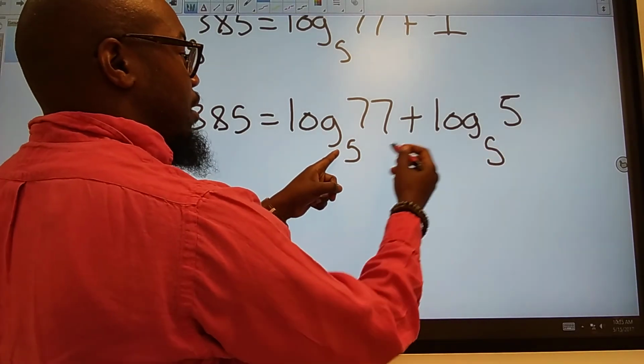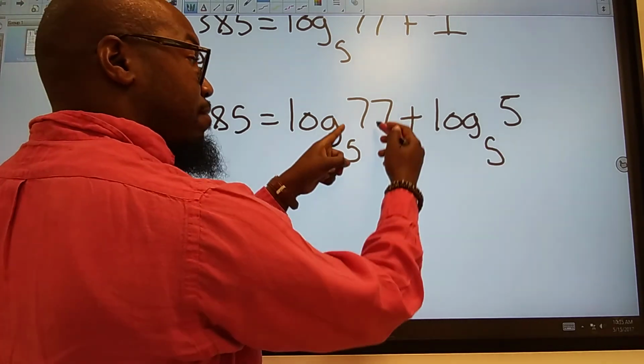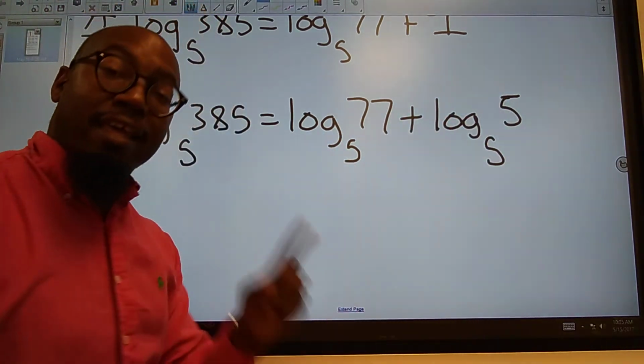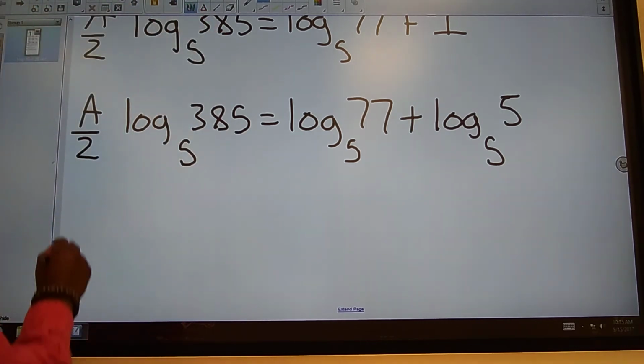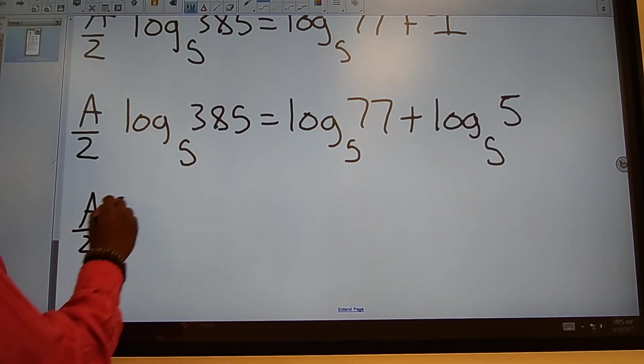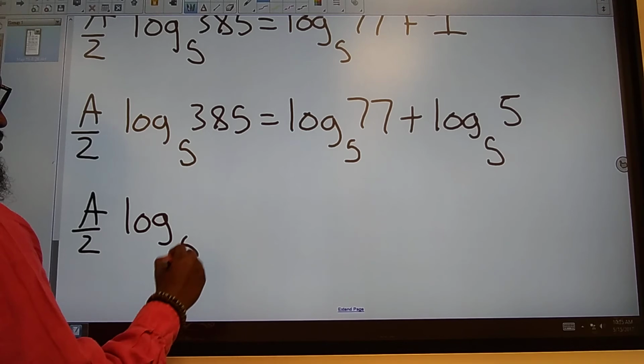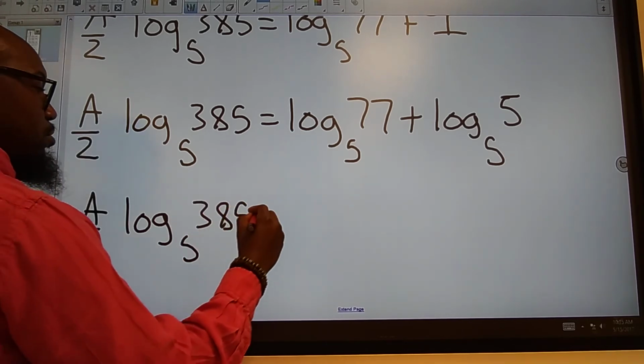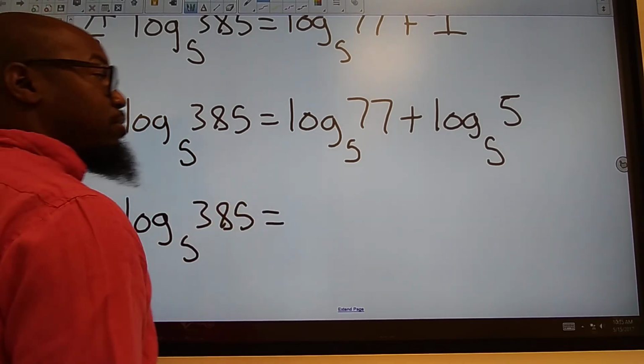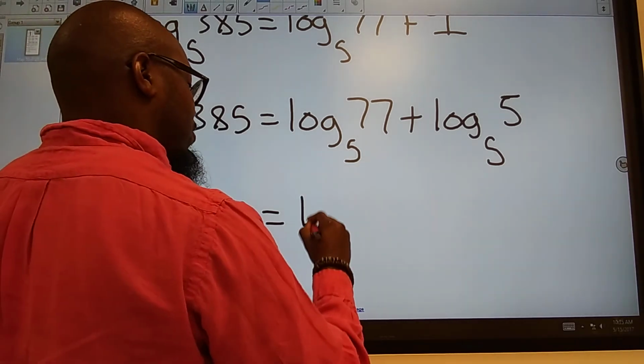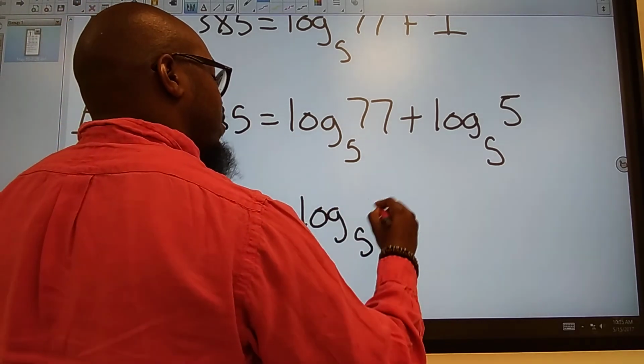Again, how I combined the 7 and the 11, I'm going to now combine the 77 and the 5. And guess what that's going to equal? 77 times 5 is 385. So I have log base 5 of 385.